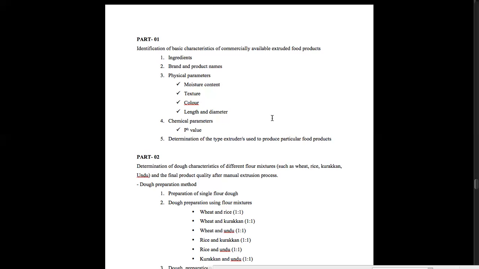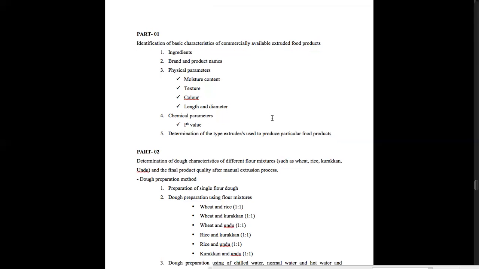We are also going to check its pH value by dissolving, and pH is very important in product development. The moisture content and pH are very important to get a consistent, proper product without any damage. These are the objectives of part 1.